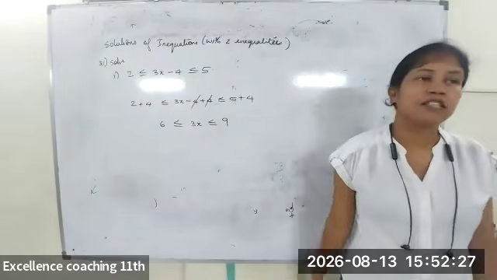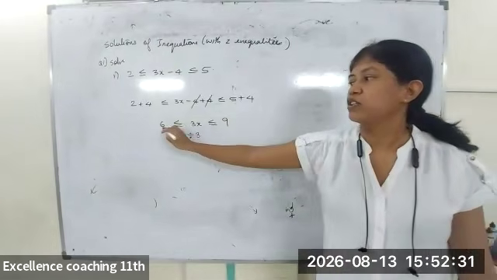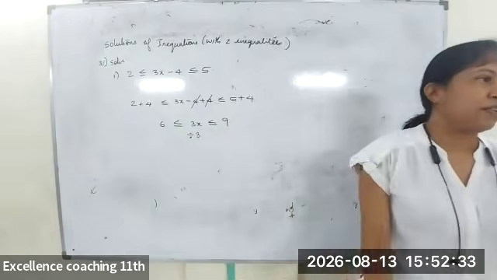Now this is multiplication. So what I'll have to do? Divide by 3. So divide all the terms by 3 and you'll get done.